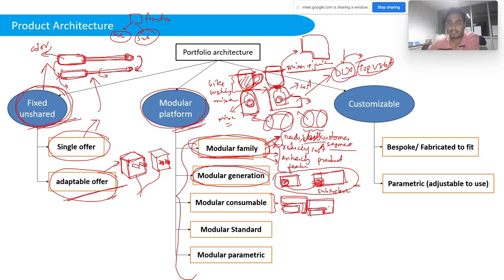So you can have different versions. For example, one printer may have a scanner, and another has just the printer, but they use the same cartridge. These are called modular consumable products.